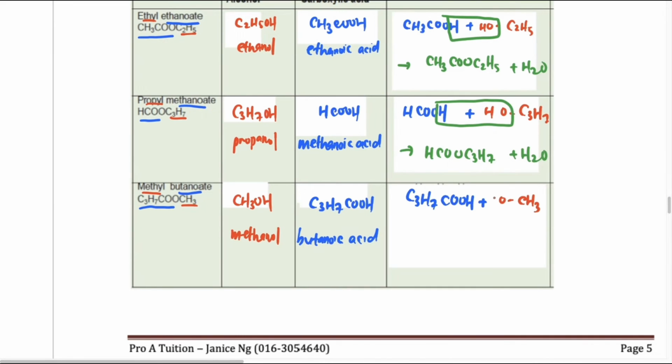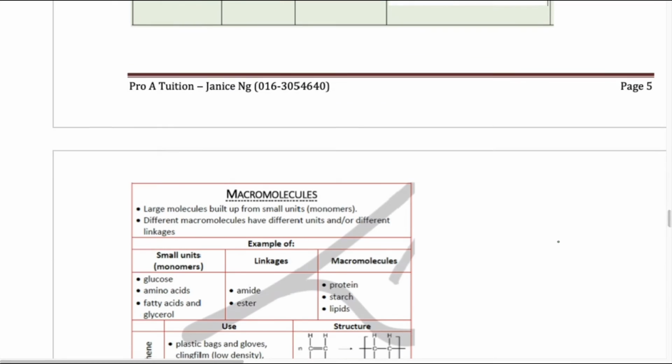Take the OH on the left, so that you can take the H2O in this way. Okay, then they form C3H7COOCH3, the ester, plus H2O. Okay, so the formation of ester.